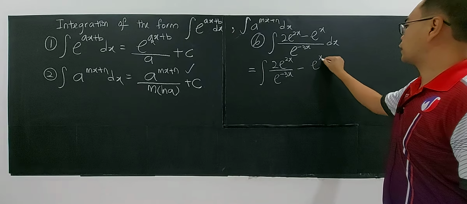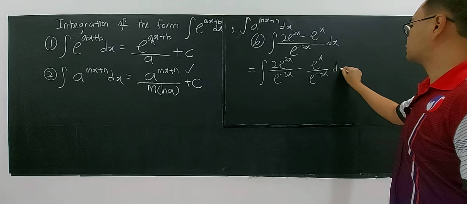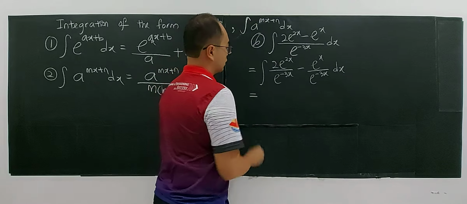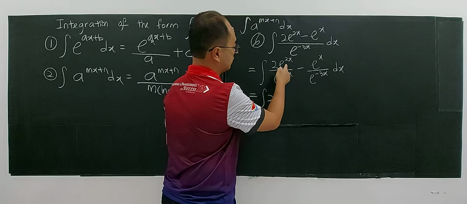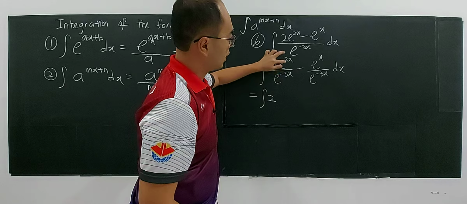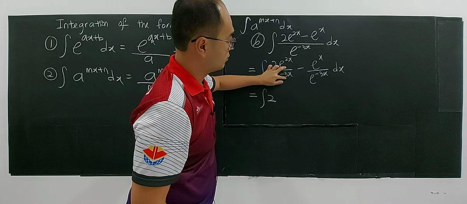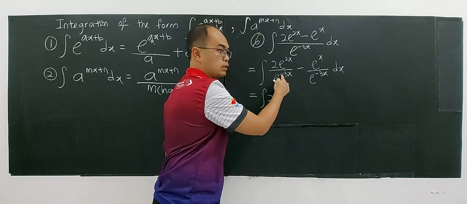So e to the power of 2x divided by e to the power of negative 3x dx. By the index laws, if you divide, what should you do? You have to subtract the index, 2x minus negative 3x.